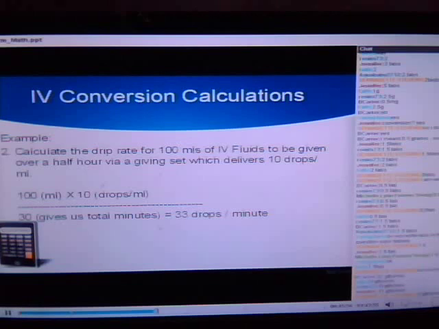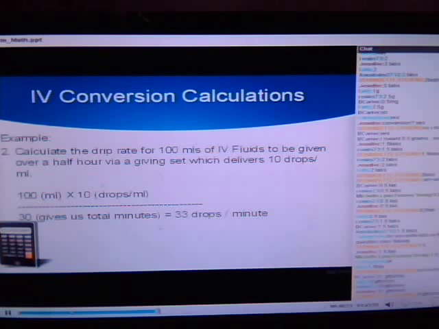Now, how do you know what the drop rate is? Well, the IV comes with IV tubing, correct? And when you read the package, it'll say drip rate of 10, 15, or 20, right on the package.